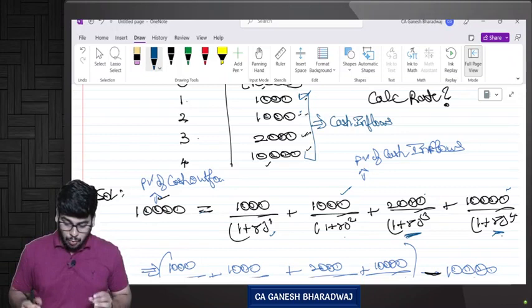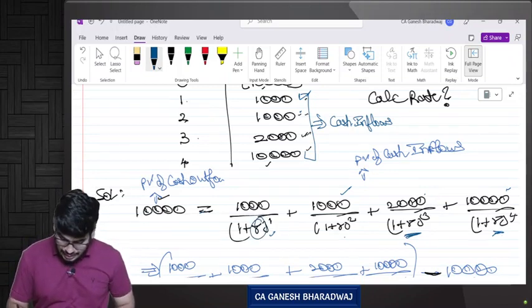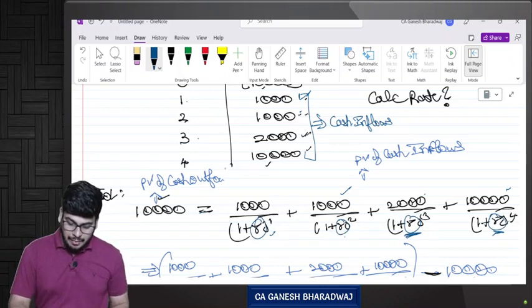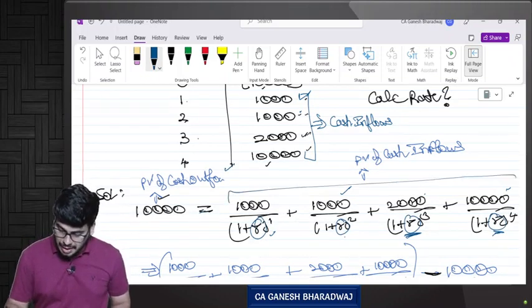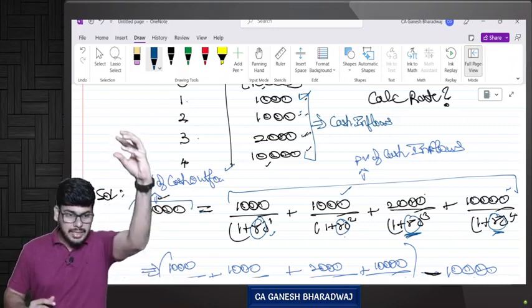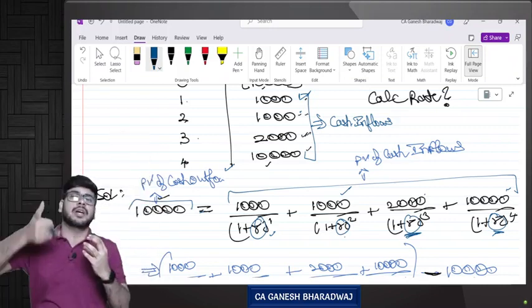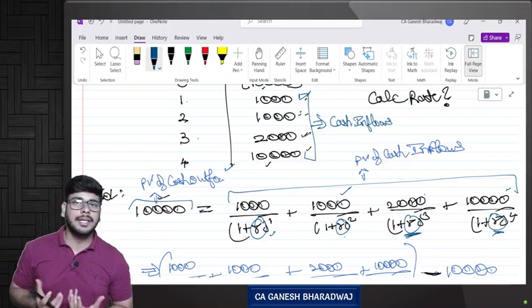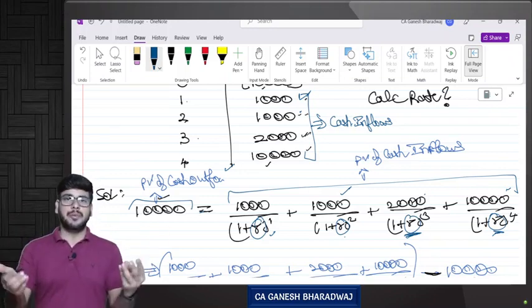So technically R, that is IRR, is the rate that equates my present value of cash outflows with my present value of cash inflows. Correct or not? Yes, we use the same logic. From the known, we are moving slowly to the unknown. Correct? In case of a single cash flow, you were able to appreciate this.